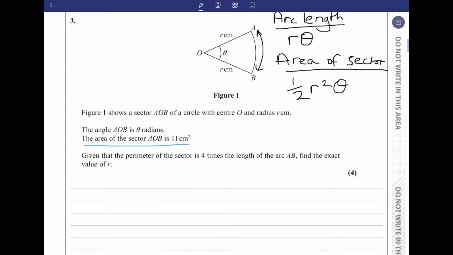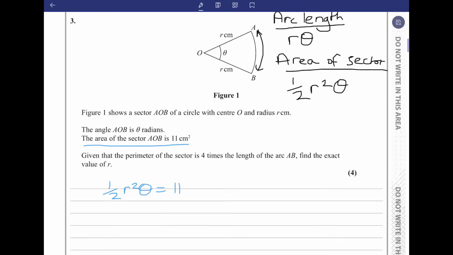So immediately we can plug into our formula: a half r squared theta equals 11.